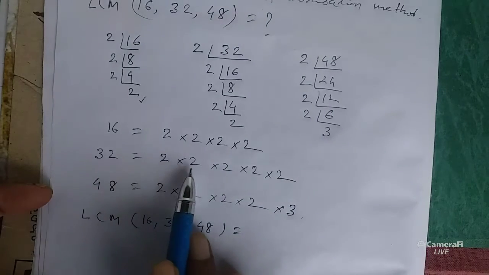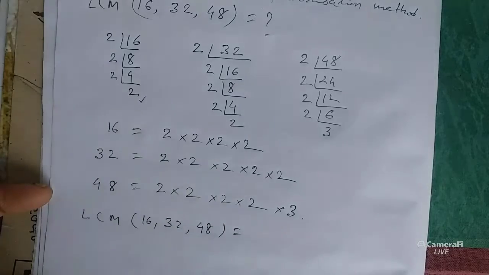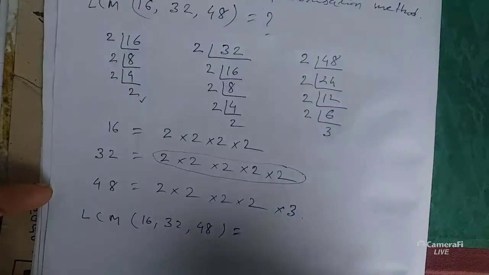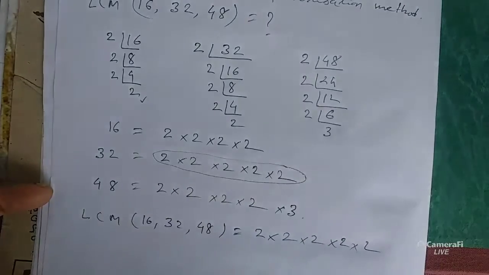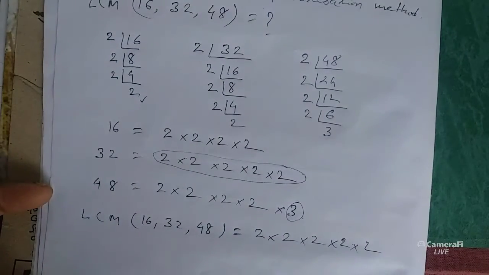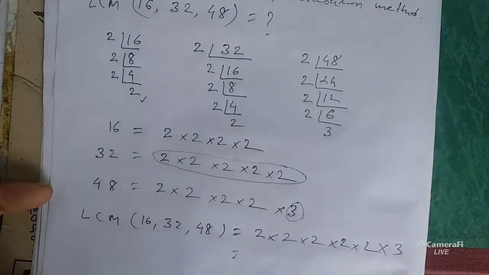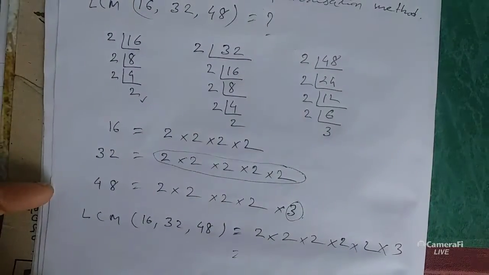In 32, 1 2 3 4 5, 5 2s, and in 48, 1 2 3 4, 4 2s. So we will choose the maximum number of 2 factors, 5 2s, and here is another factor 3 which is uncommon. We will surely take it. There is no other factor than 2 and 3.